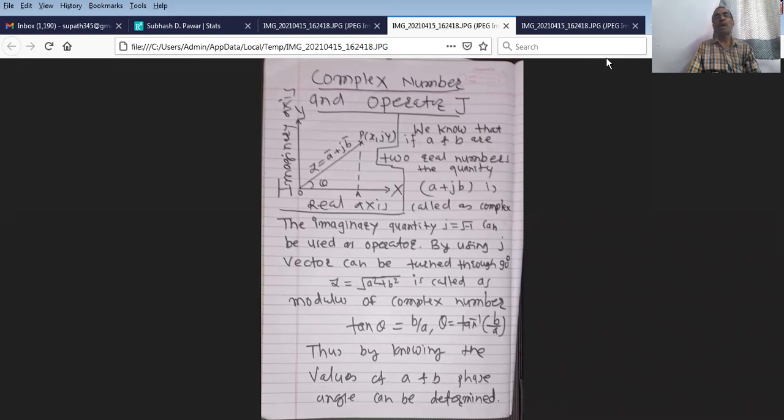This is shown by the plus J operator. That is, this vector is turned through plus 90 degrees. Again, I want to repeat. In the case of an inductor, the phase difference theta is as shown in the above figure.